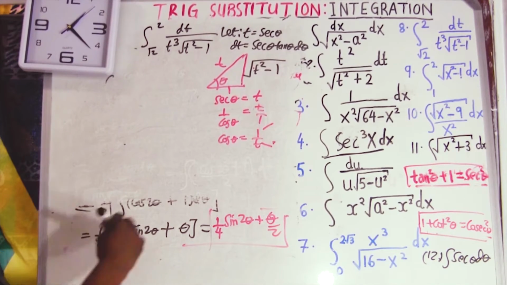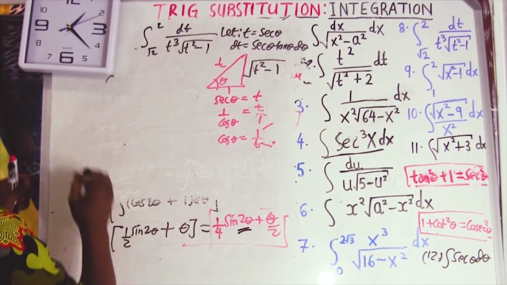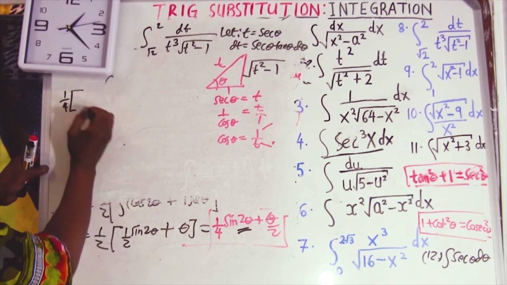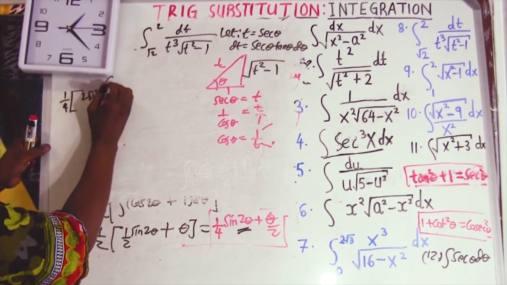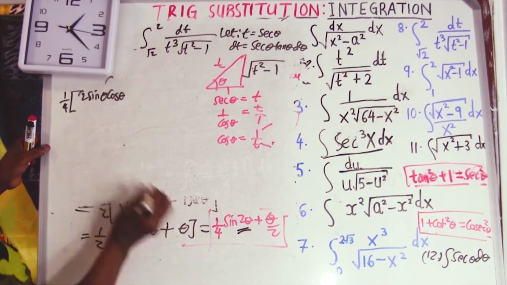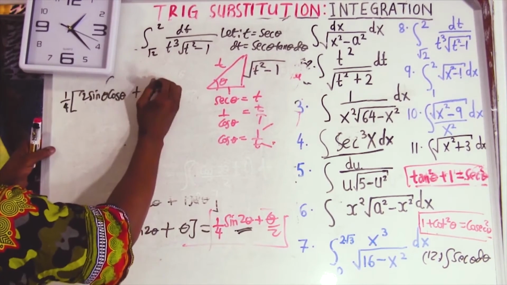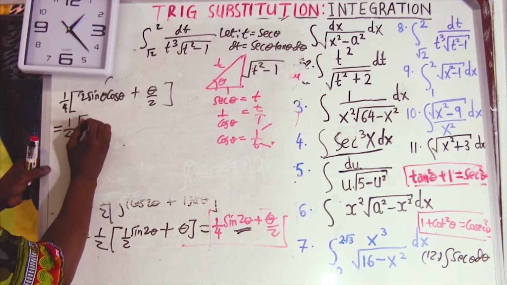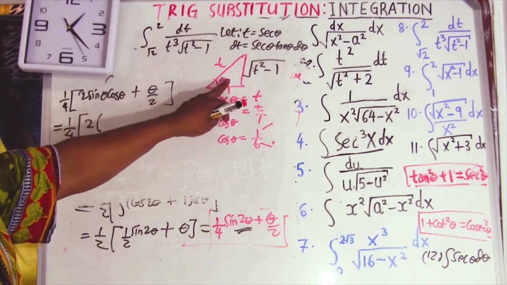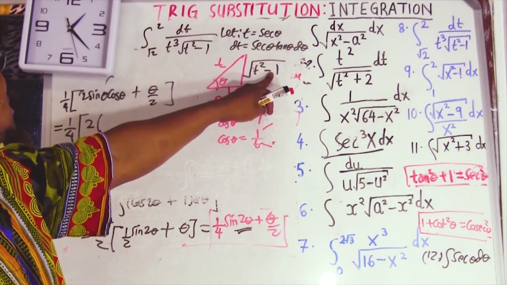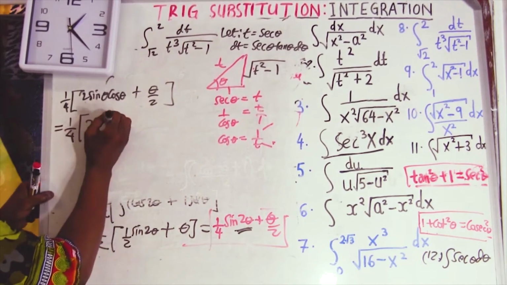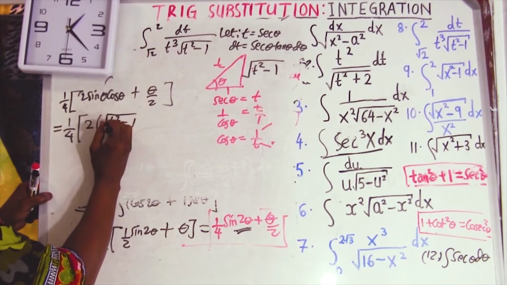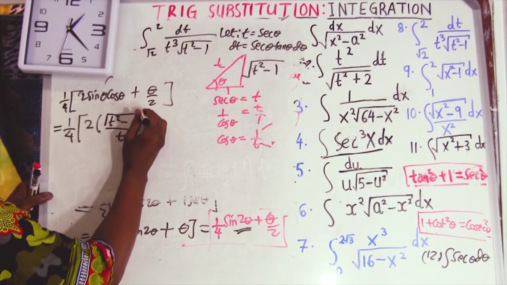Now we can get all this stuff, the sine of the double angle. What is sine of the double angle? We know it: 1 over 4, 2 sine theta cos theta, which is the double angle of sine, plus theta over 2. Sine theta is opposite over hypotenuse, opposite equal to the square root of t squared minus 1, hypotenuse equal to t.